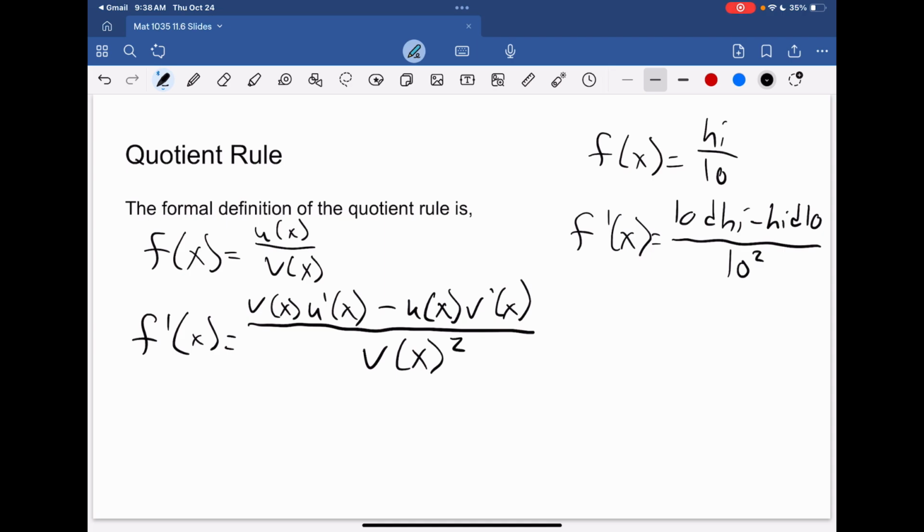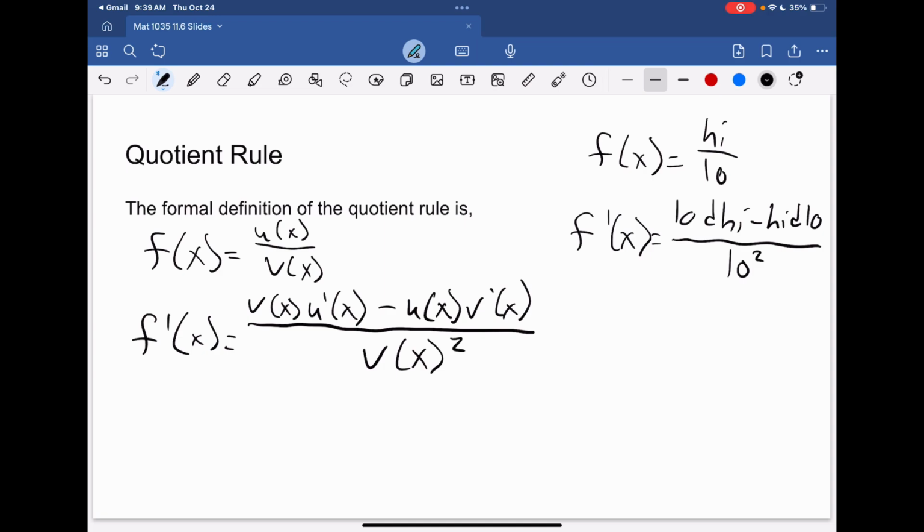So it would be low d high minus high d low, divided by low squared. Okay, that is how I remember the quotient rule. You're welcome to use whichever one you want to. Whatever helps you understand it is great with me.